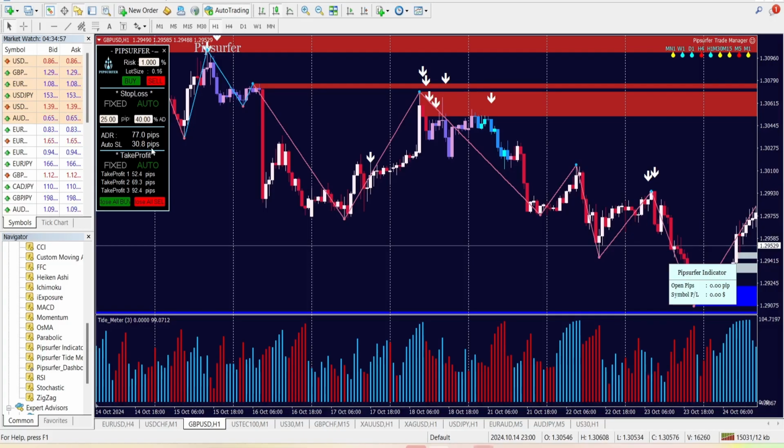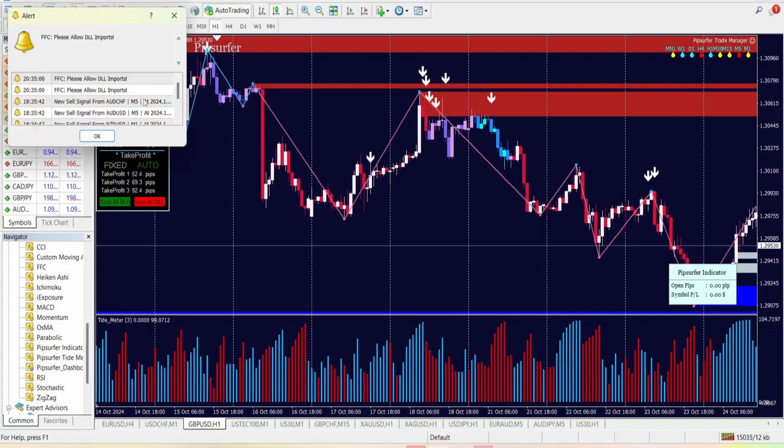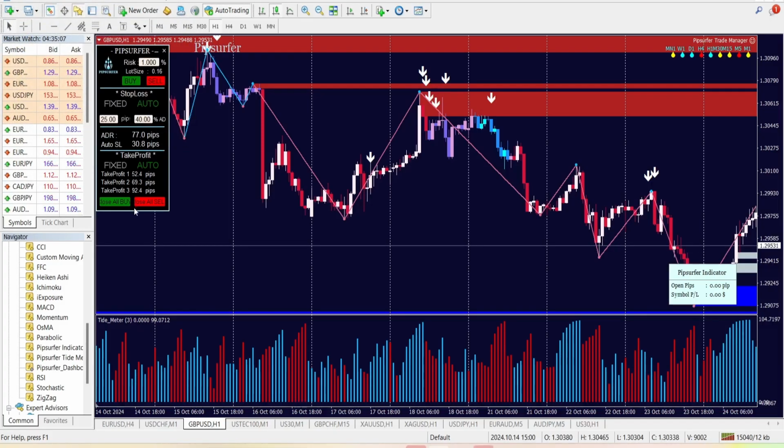Now if you have the take profits on automatic, the take profits will basically adjust based off the stop loss. The reason is you want to have good risk management. So it'll tell you what those take profits are from a risk management standpoint.